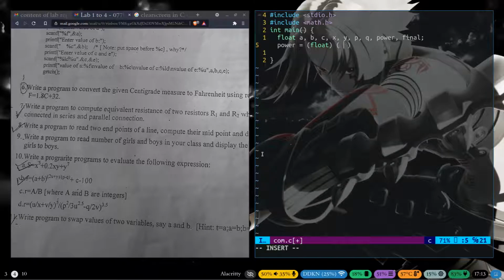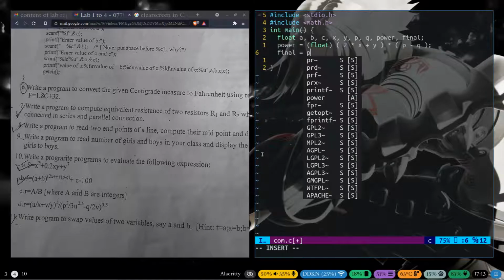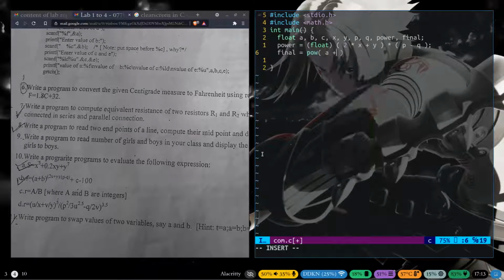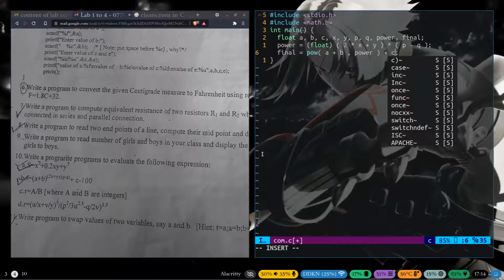So 2x plus y times p minus q, and final is equal to power, a plus b power, this b power plus c minus 100.